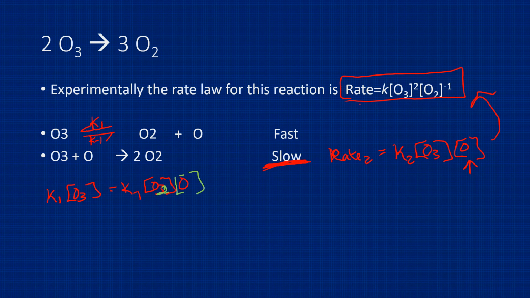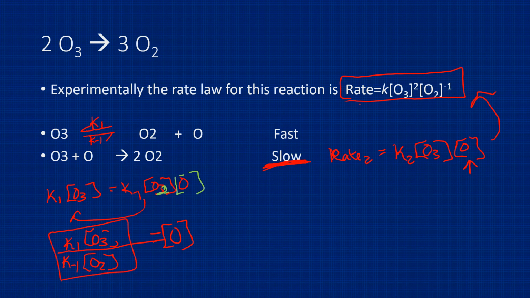Okay, so we want to fill in for the oxygen. We move all of this over here, so we have K1 over K to the negative 1 times O3 over O2 equals O. Now that we have an equivalency for O, we can substitute this into here.